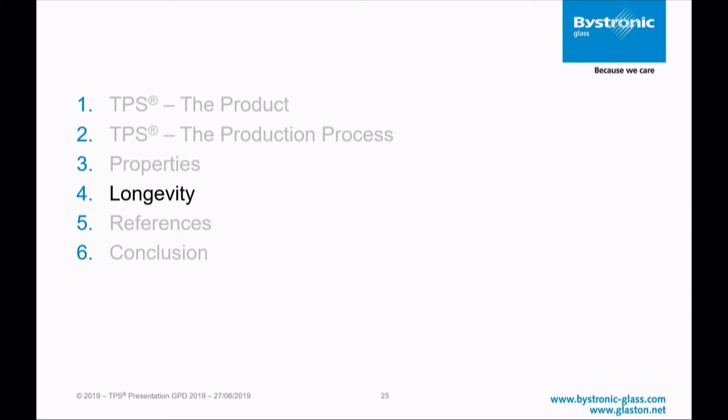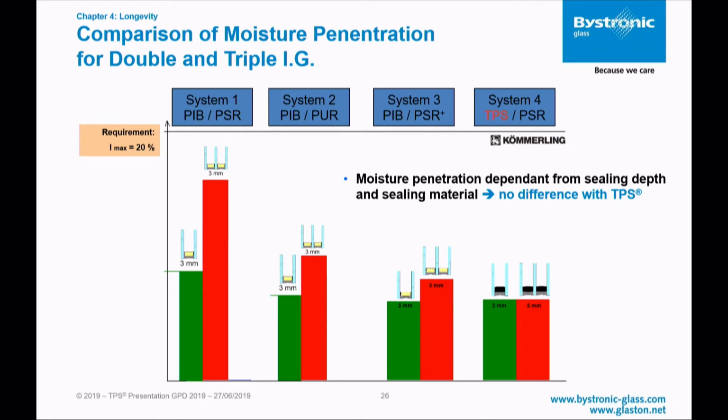So then let's talk about the final product, the IG unit. What about the lifetime? We have two factors which influence the lifetime. One is the moisture penetration over several years.